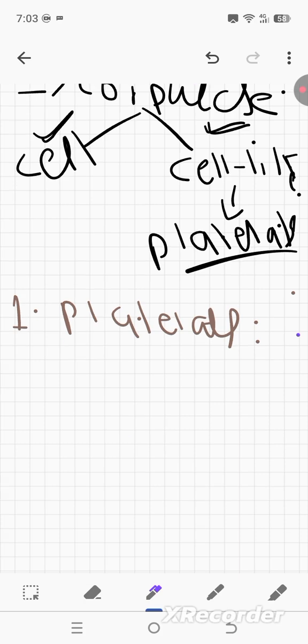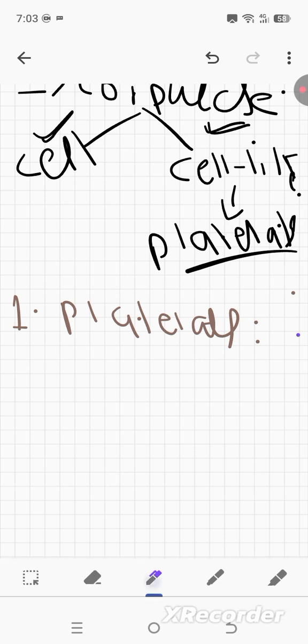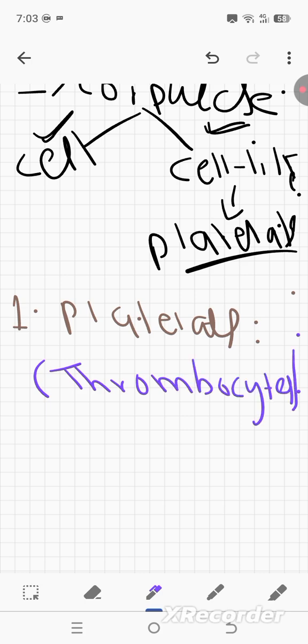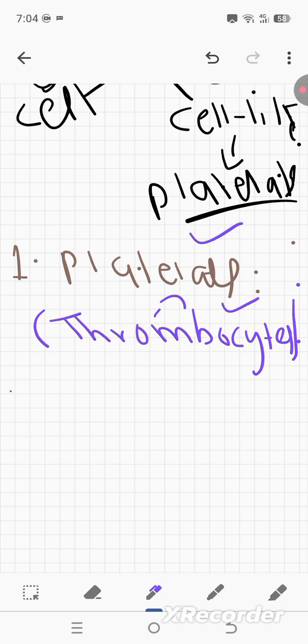The scientific or biological name of platelets is thrombocytes. You can say platelets or you can say thrombocytes. What are thrombocytes or platelets? As I said, it's cell like.